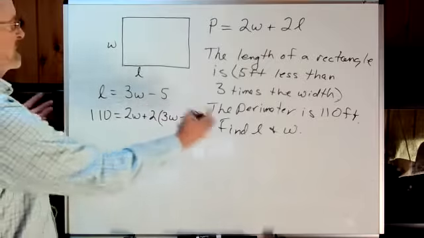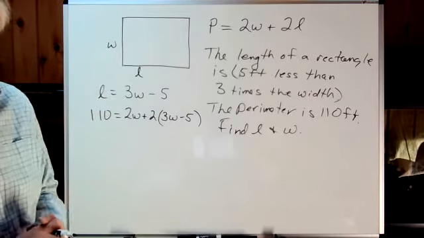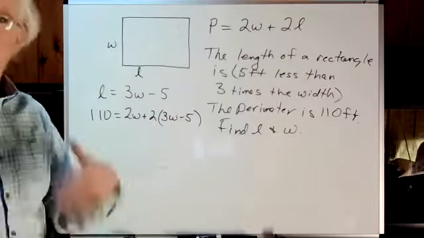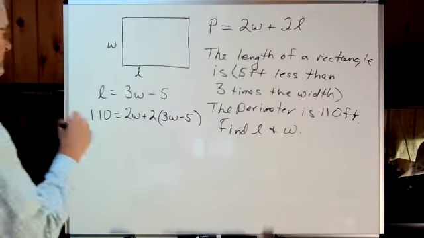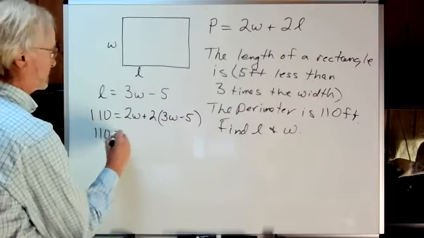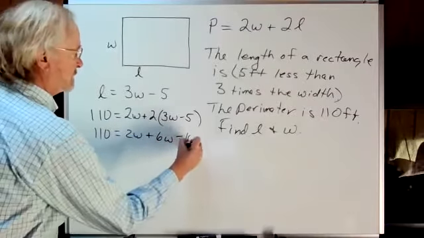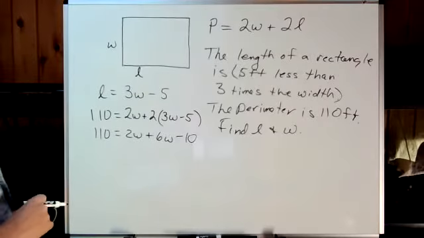Now I have an equation, looks like one of those more complicated ones near the end of last chapter. I've got to do some distributing, combining some like terms, and I can solve for the W here. Distribute 2 of each of those, right?